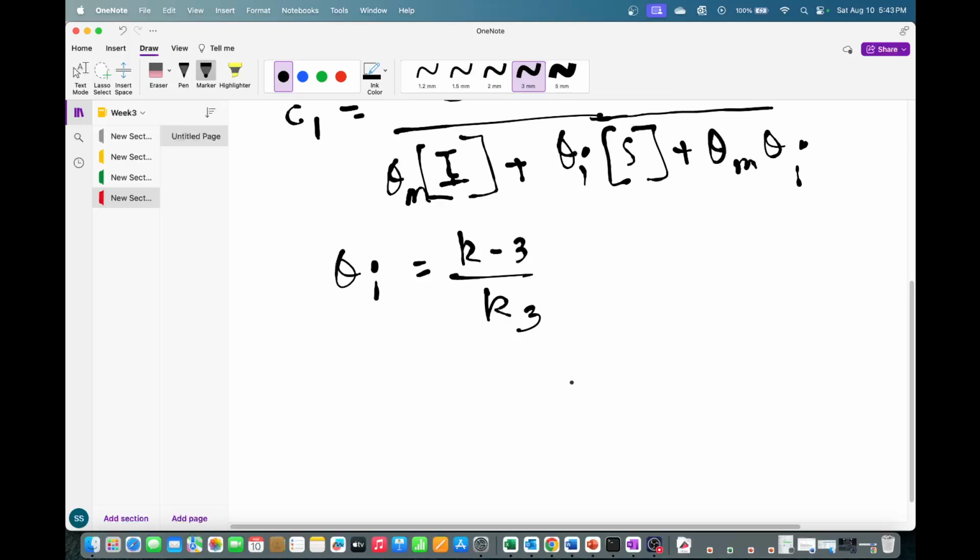Theta M is given by k of minus 1 plus k of minus 2 by k1.